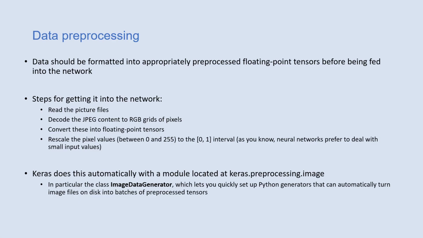One of the things is that the neural network expects a floating point tensor, and it is more convenient to have the values between 0 and 1. It's good to decode the JPEG into RGB if you have a JPEG. And there are other conversions that you might have to do, but those are the most important.